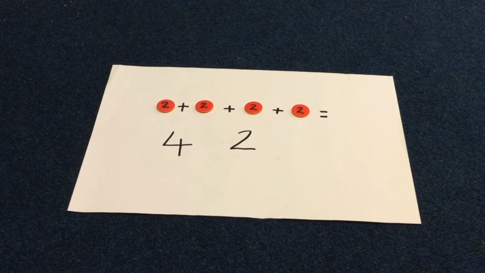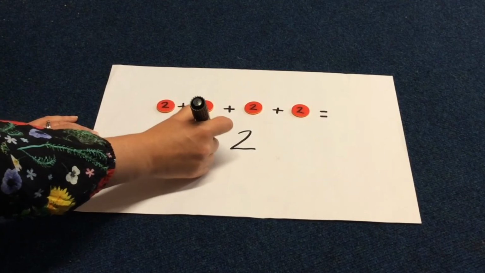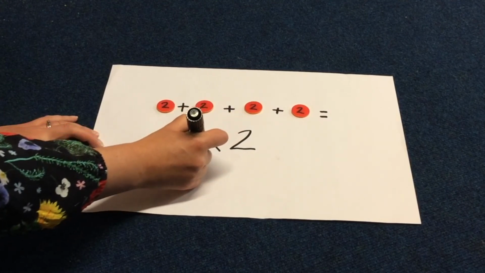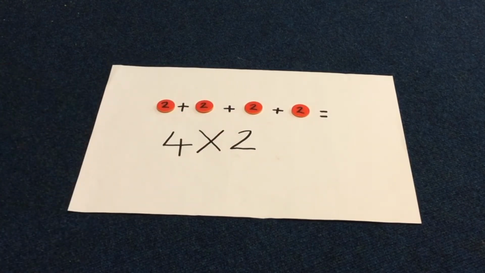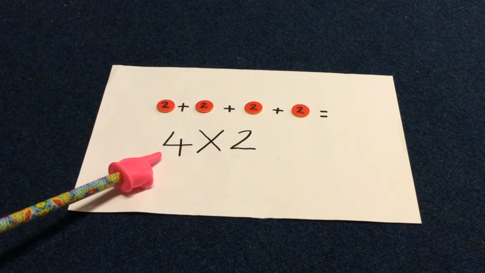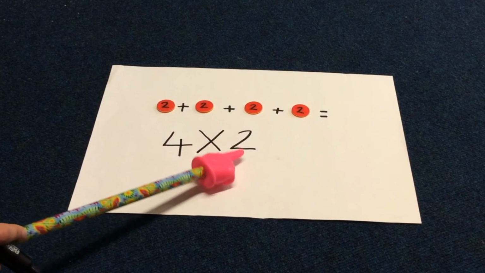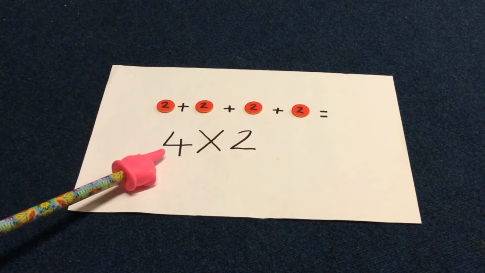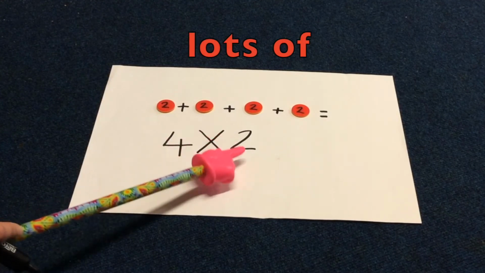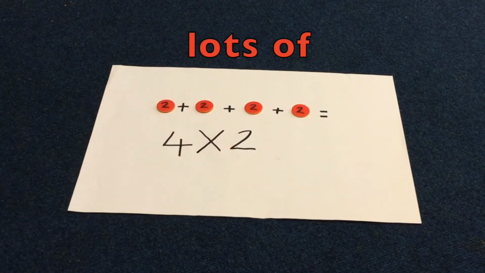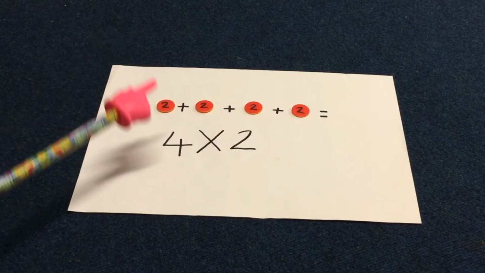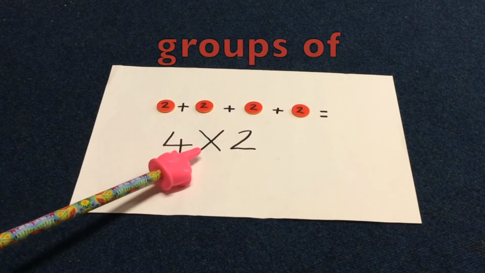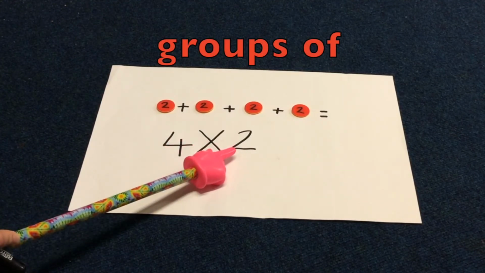Excellent. Okay. So my question has become 4 times 2, or 4 lots of 2, or 4 groups of 2.